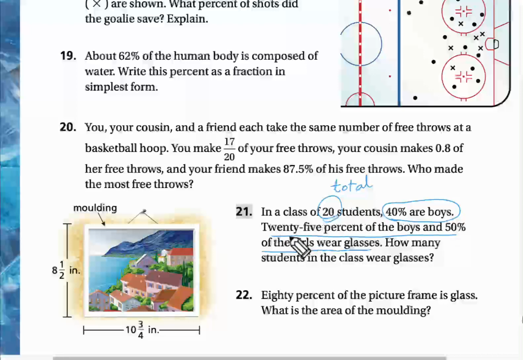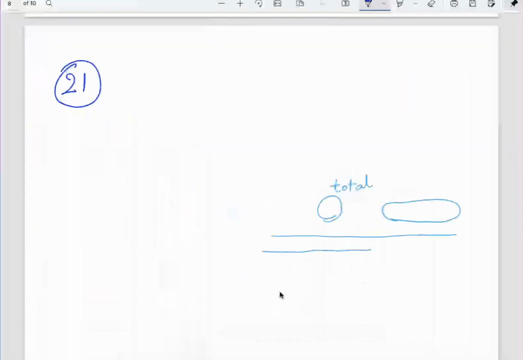Now, we should find 25% of the boys and we should find 50% of the girls. Then put them together. Let's do it. Okay, let's start.